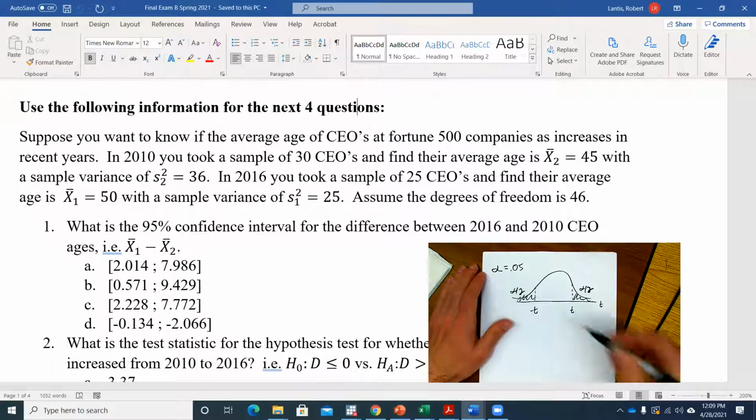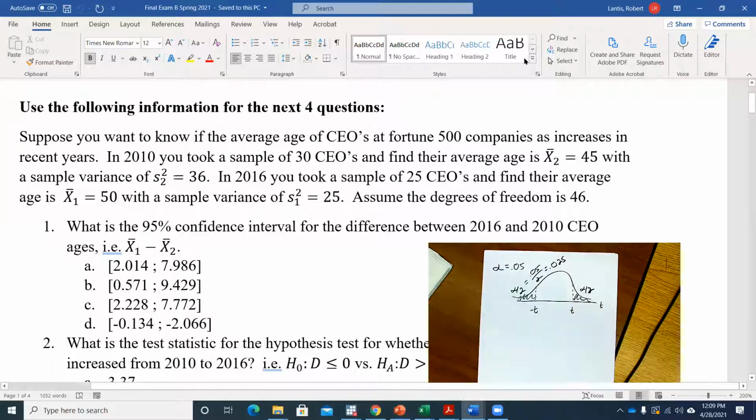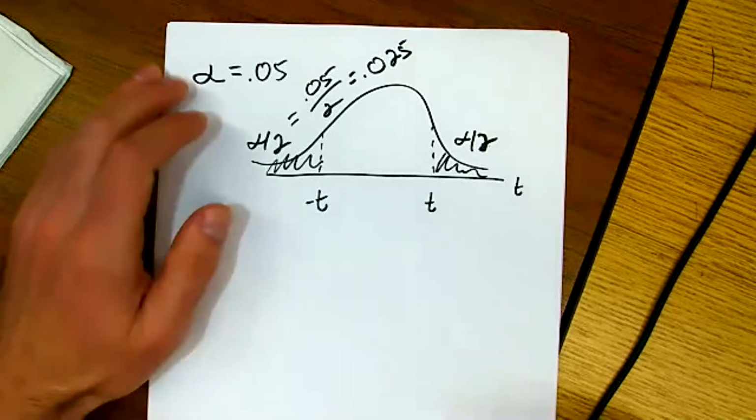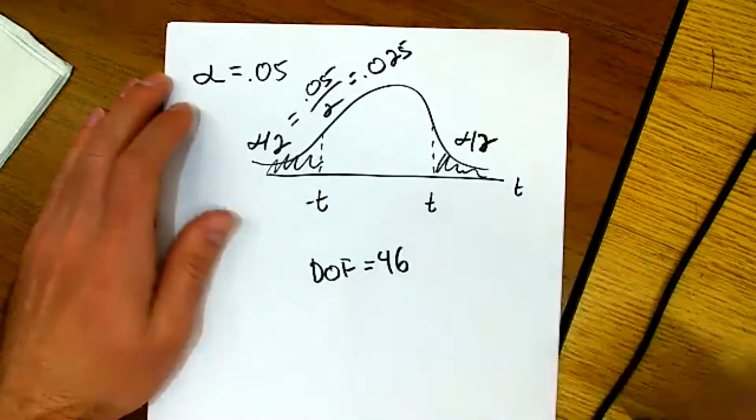In this case, alpha over 2, 0.05 over 2, is 0.025. So that's a little bit small. We've got our alpha, the total area outside our interval, which means half of alpha is on each side. So 0.025, and I think we were told to assume the degrees of freedom was 46.